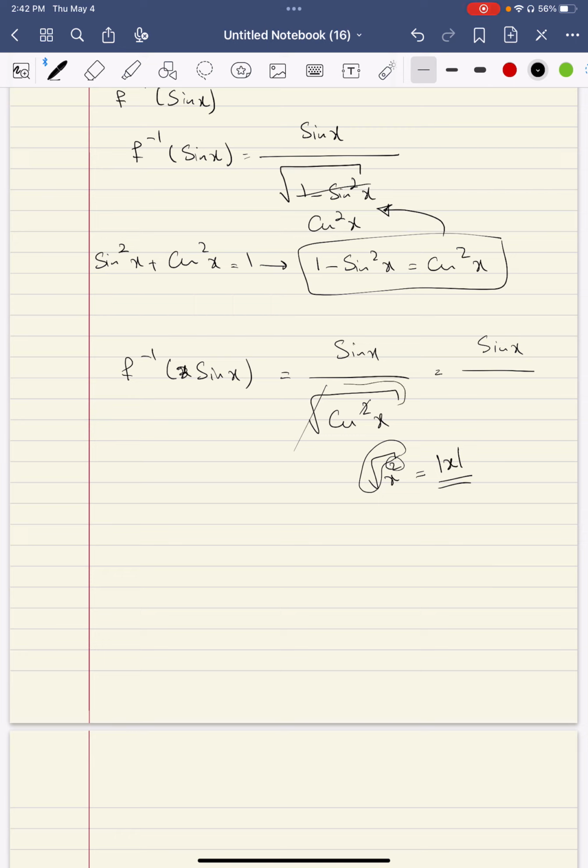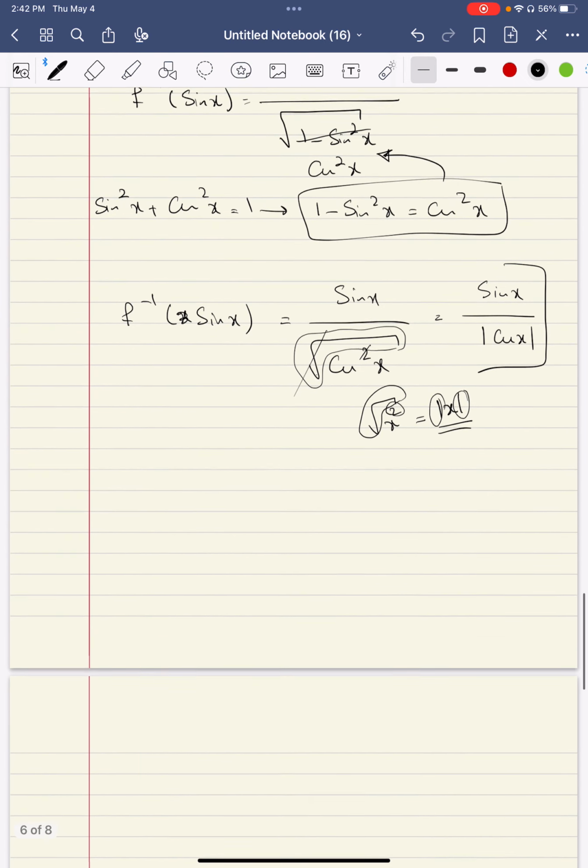Because the answer of the root cannot be negative, so you have to use absolute value. So the root of cosine to the power of 2 x, the 2 and the root cancel out, but the answer should have absolute value here. So this is going to be the answer.